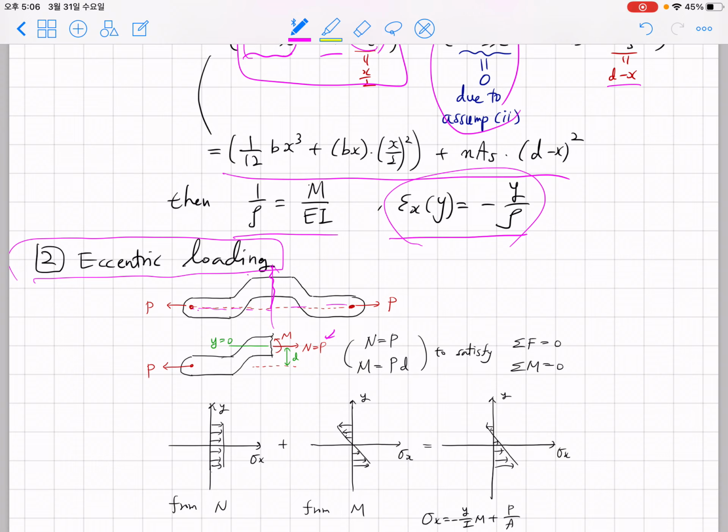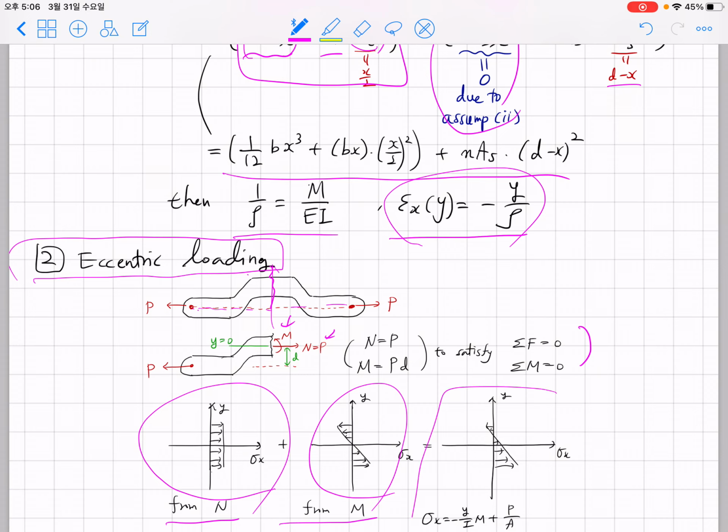However, if we only have a normal force N, it will induce a clockwise torque on the part. You need a counterclockwise torque M so that you can balance force and moment together. From the normal force N, you're going to have uniform stress. From the M, you're going to have a linear stress.